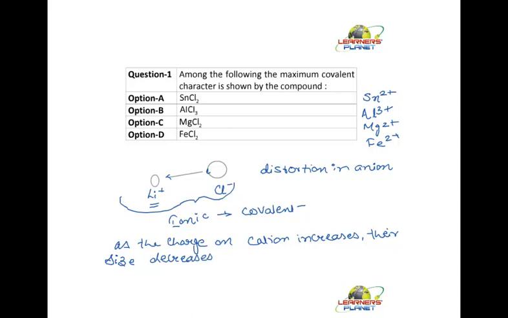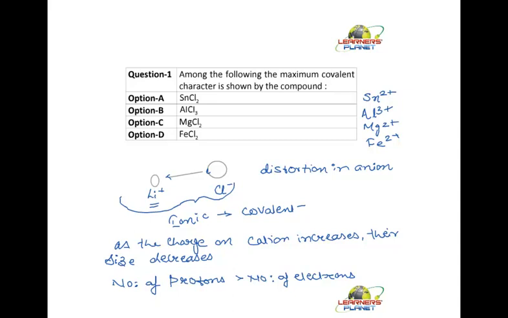Do I need to explain this? In a cation, the number of protons is more than the number of electrons, so the protons pull the electrons towards themselves, thus decreasing their size.